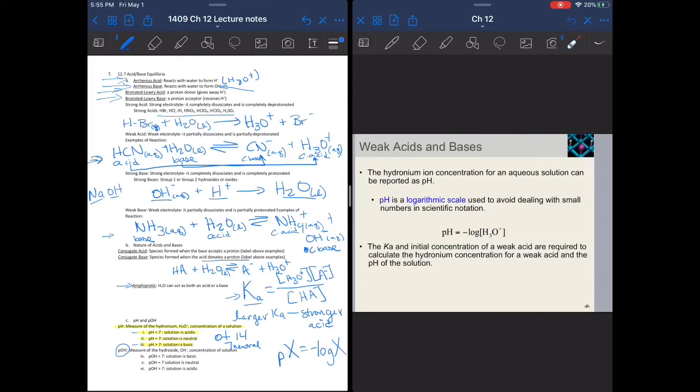So pH is negative log of your hydronium concentration. Right, you see that right here on the slides. pOH would be negative log of the concentration of hydroxide. All right, so relatively simple equation here.